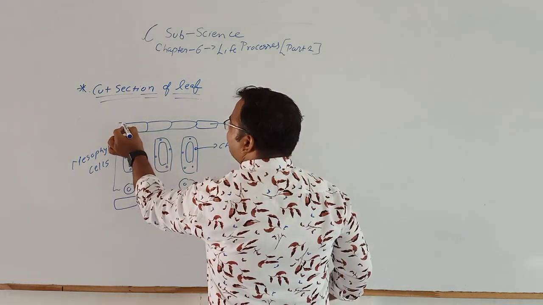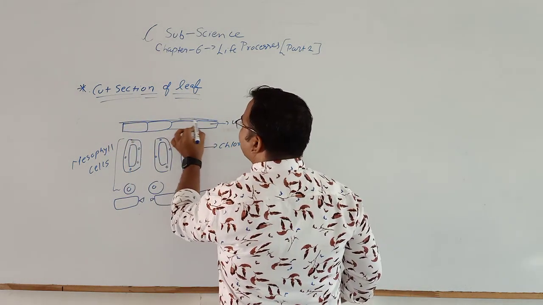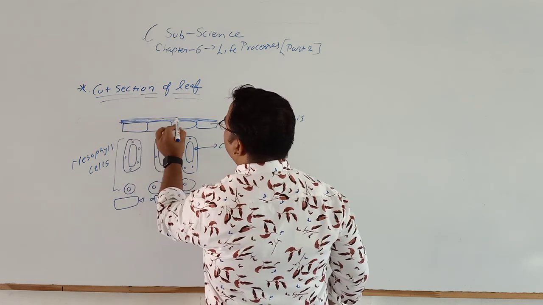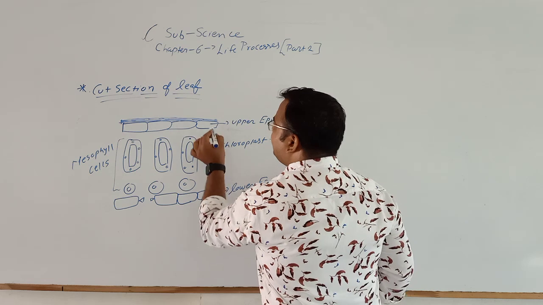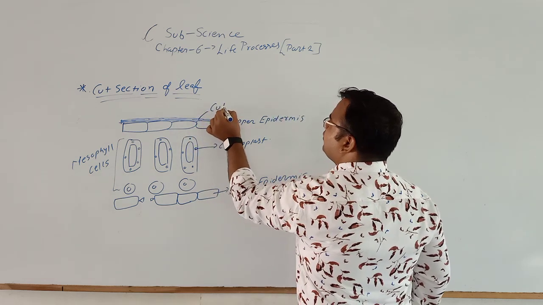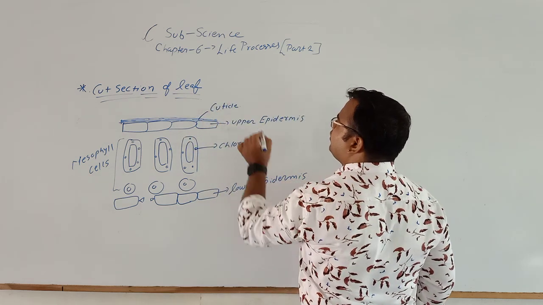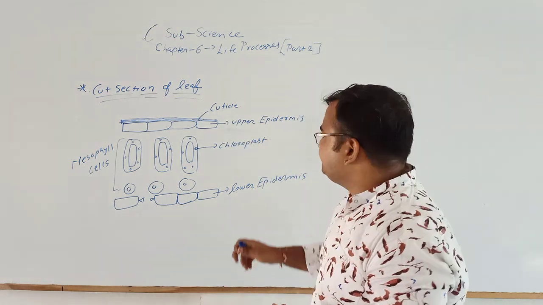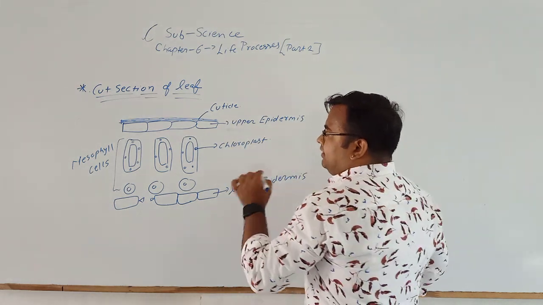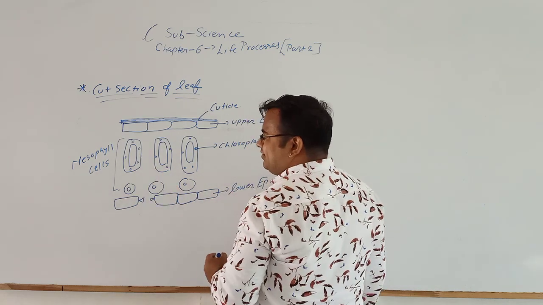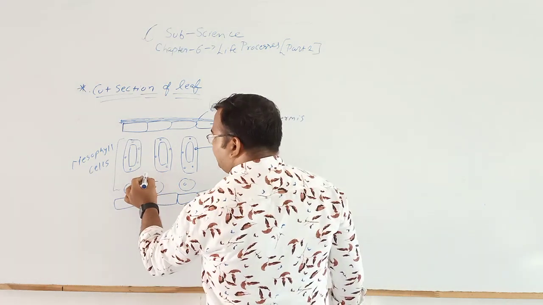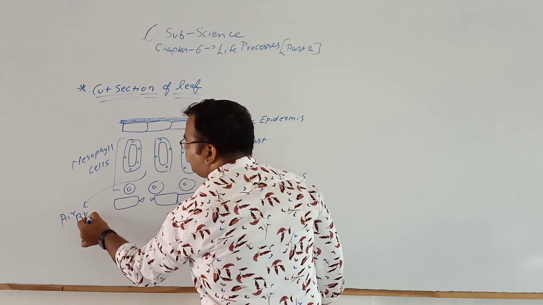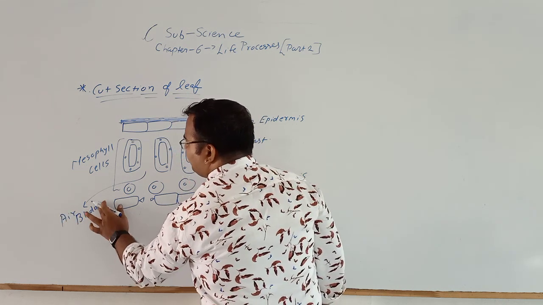Here there is one layer, and this layer is known as cuticle. Okay, it is known as cuticle. Then these intercellular spaces are there, which we call air bladder.